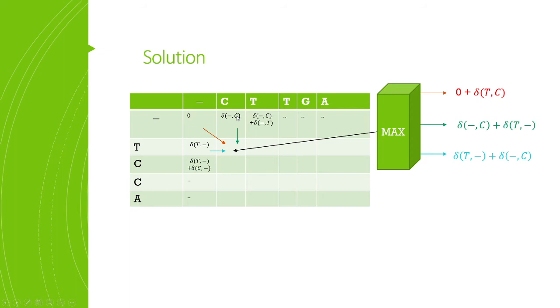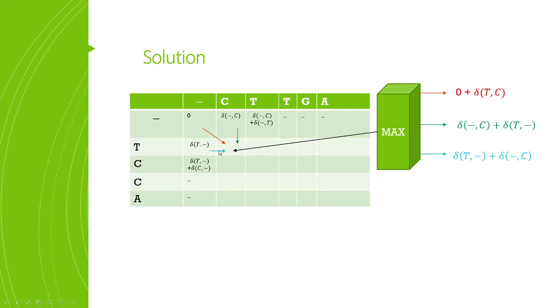Now, when you come from this path, it'd be a delta dash and a C, which is already there. And this would be what? This would be a T and a dash. And you see a T and a dash right there. So those are the three options by which you can arrive here. And you have to pick the max of all these three options and then put that here. So whatever is the max of these three options, that goes here.